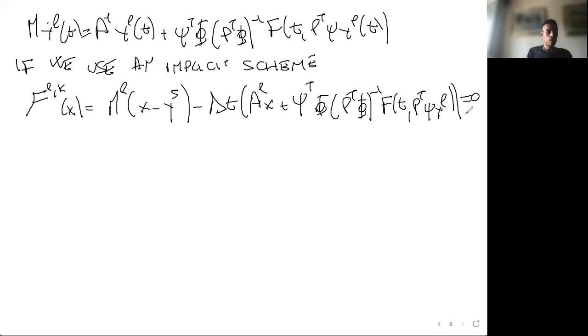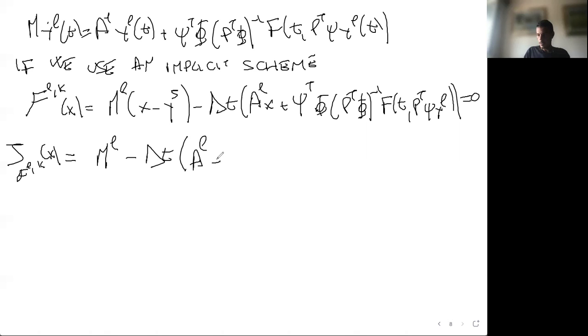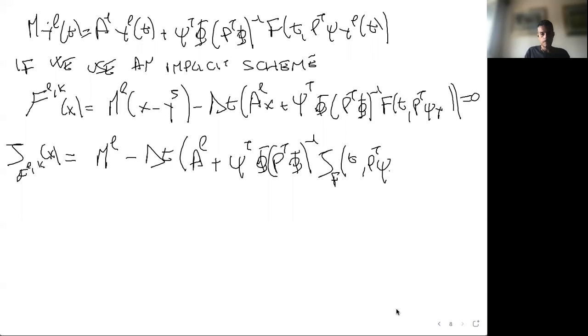This should be equal to 0. So we are going to use a Newton method, and the Jacobian of F_LK in X is going to be M_L minus delta T times A_L plus C transpose (phi P transpose phi) inverse Jacobian of F computing T, P transpose psi X. Sorry, this should be X, times on the right P transpose psi.